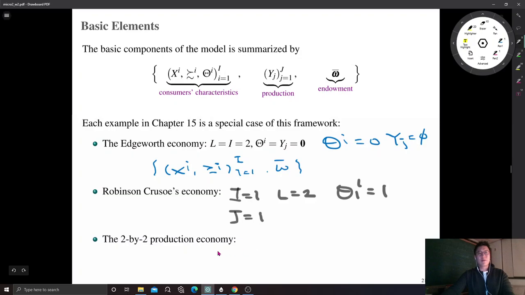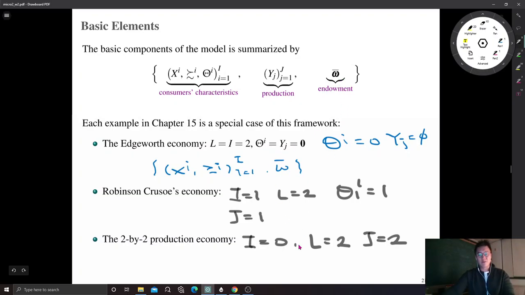And finally, the 2x2 production economy, where we didn't consider the consumer side. We only consider the production side, right? So I was equal to 0, and there were two inputs, so there are two commodities, and L was 2.